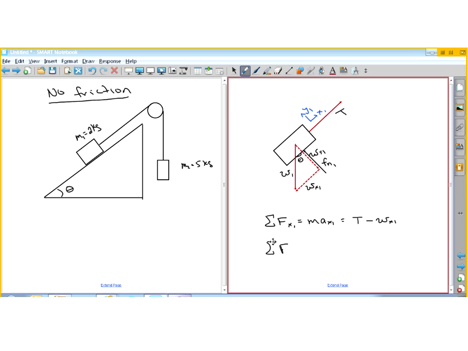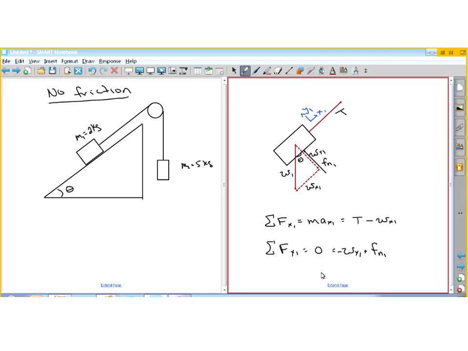We also have the sum of the forces in the y direction. It's not moving in the y direction. And what we have there is W sub y1 and the normal force. W sub y1 is in the positive y direction. No, it's the other way around. W sub y1 is in the negative y direction, and the normal force, F sub n1, is going in the positive direction.